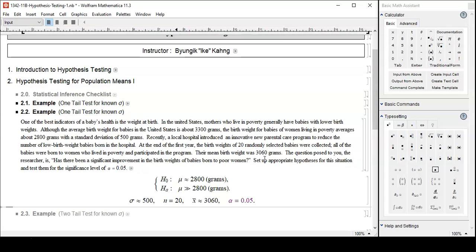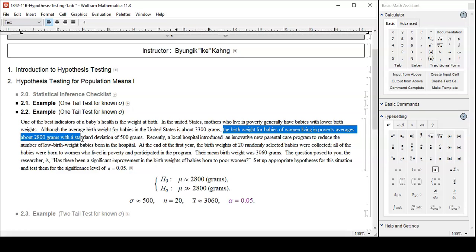Now, what's the null hypothesis here? Even though the average birth weight for all babies in the United States is about 3,300 grams, the birth weight for the babies of women living in poverty averages about 2,800 grams with a standard deviation of 500 grams.